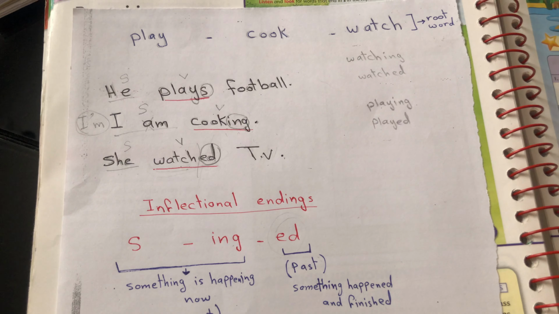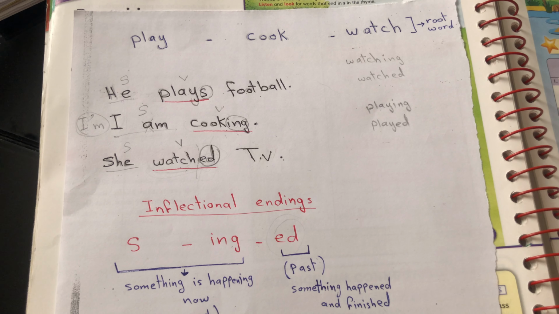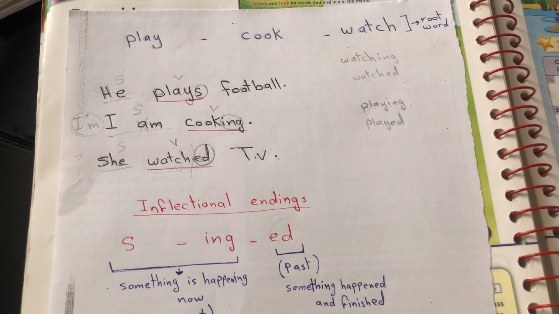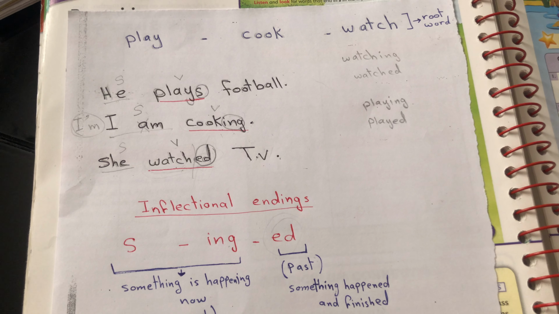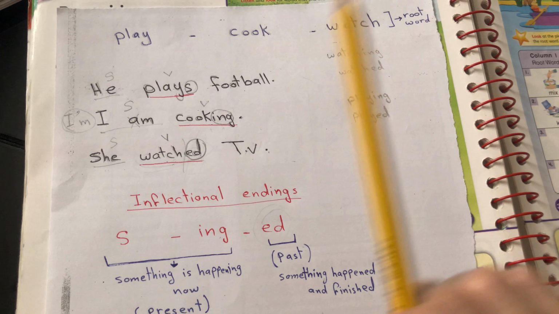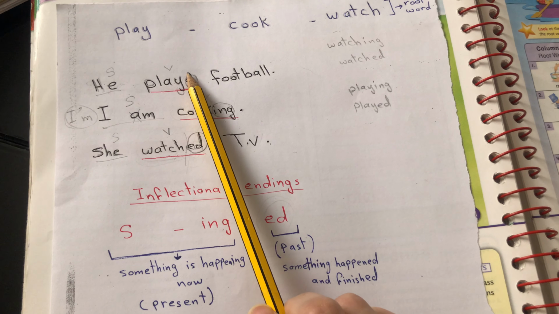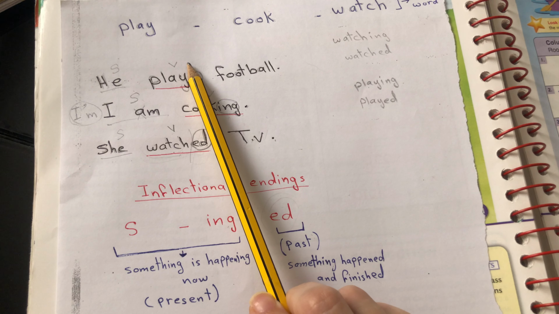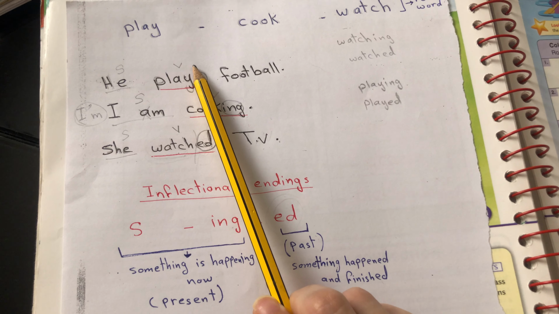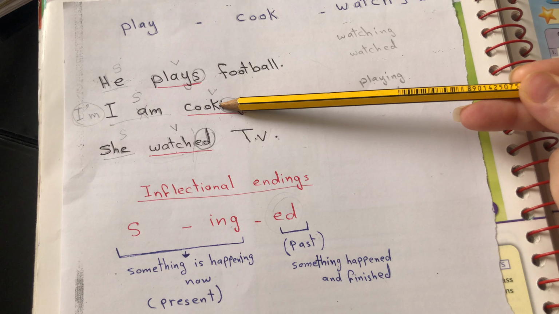So again, what do we call the verbs when they don't have any endings? We call them root words. If we remove the inflectional ending here, which verb would we have? The verb play. If we remove the inflectional ending here, what will we have?